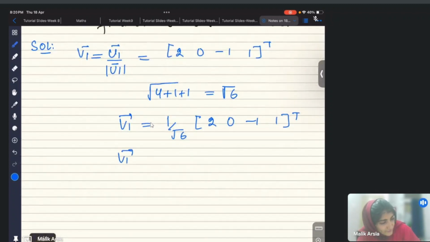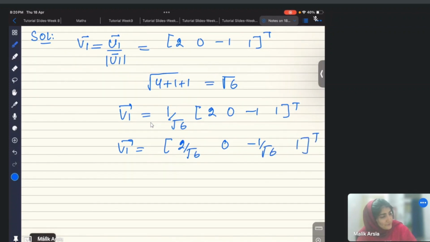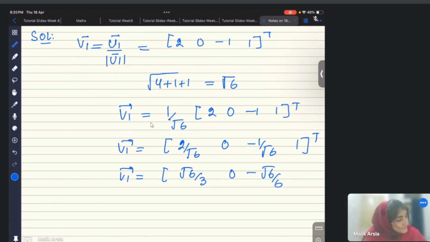So v1 we have 2 by root 6, 0, minus 1 by root 6, 1 by root 6 transpose. Let me try to simplify. It will be root 6 by 3, 0, minus root 6 by 6, and root 6 by 6.